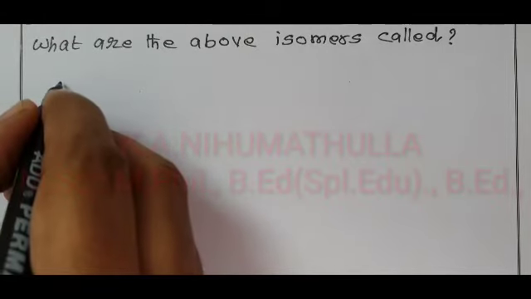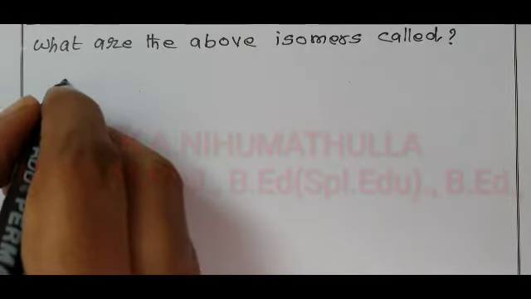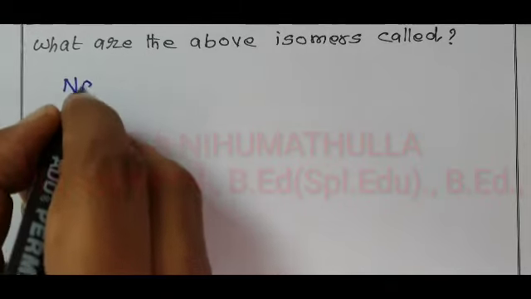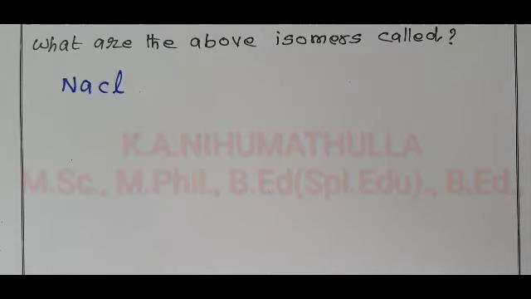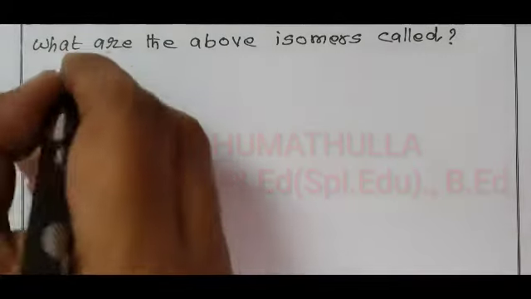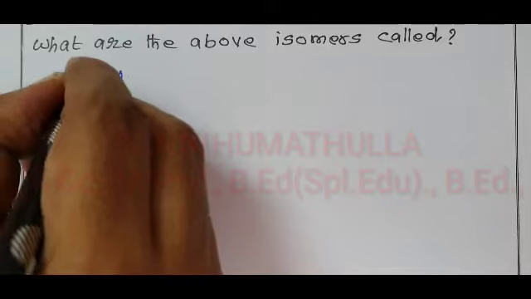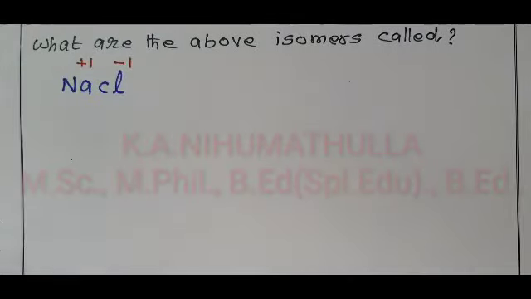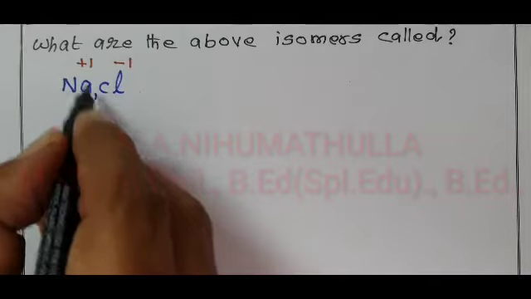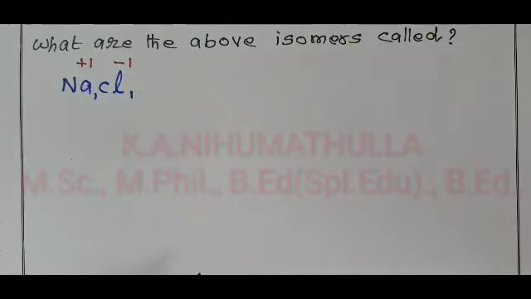Now we take one chloride salt, NaCl. We know the name, sodium chloride. The charge on sodium is +1, an alkali metal monopositive ion, and the charge on chlorine is -1. When we cross the valencies, we get the molecule.